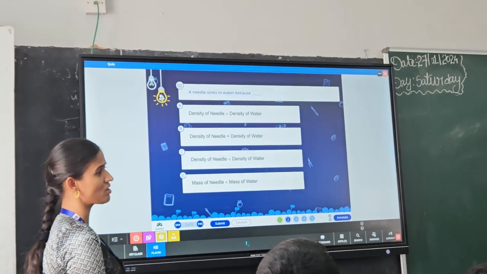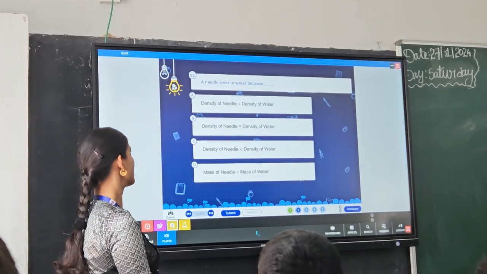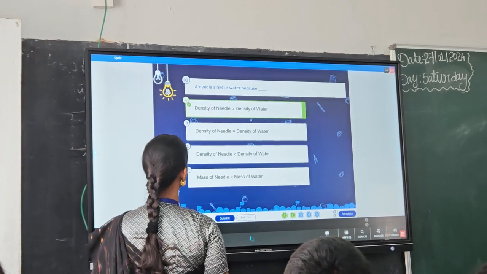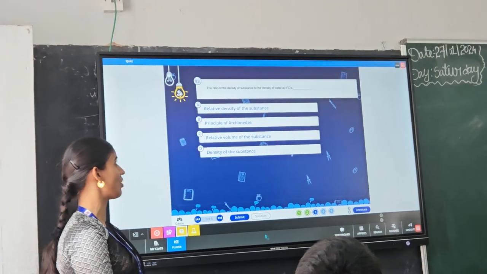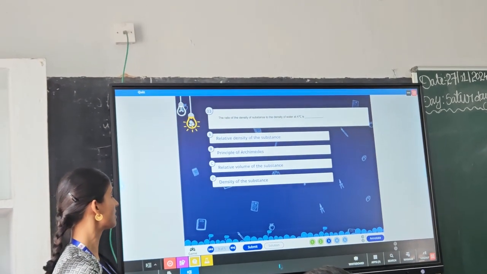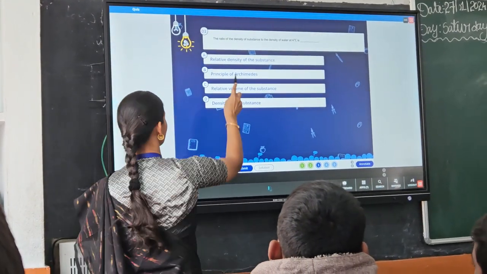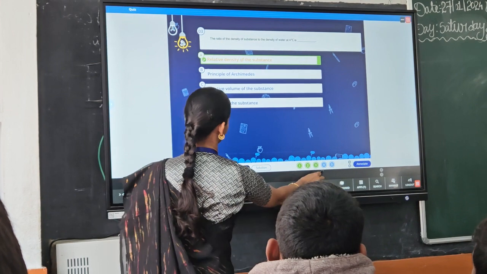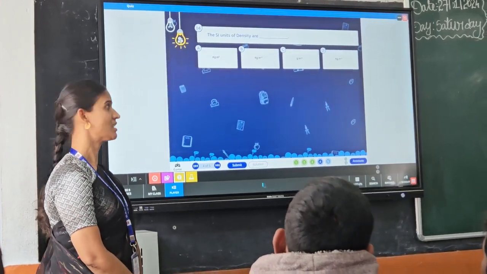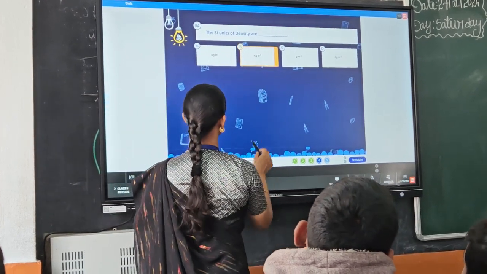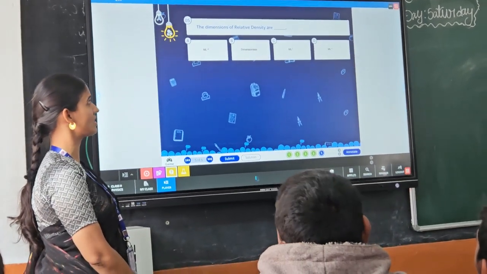Needle sinks in water because... the ratio of density of substance to the density of water at 4 degrees. There are units of density. The dimensions of relative density.